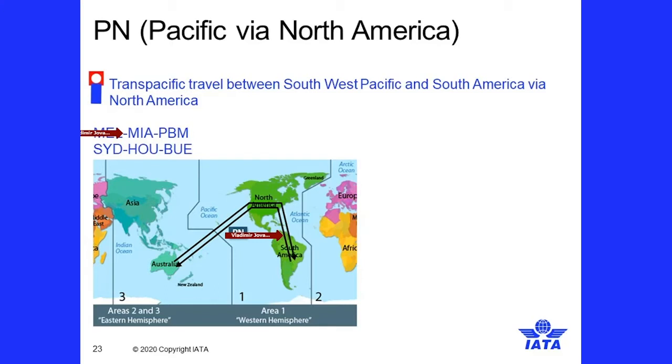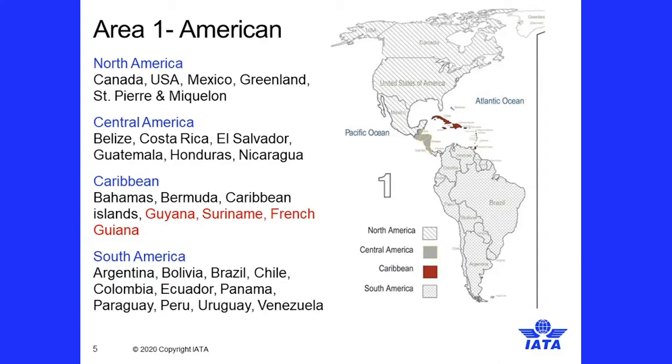But if the travel is via any North America point, and now we're talking about geography, what is a North America point? Here they are: Canada, USA, Mexico, Greenland, St. Pierre and Miquelon. Again, we would use Canada, USA, and Mexico only because they have huge airlines.